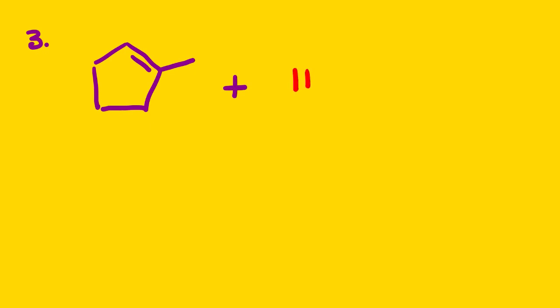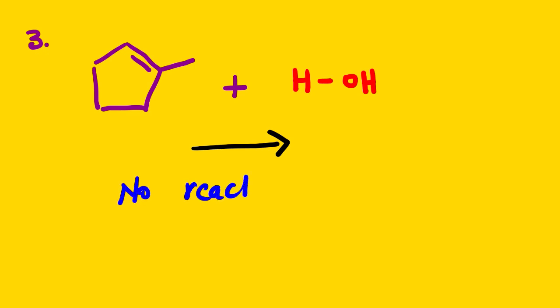So pause the video, work this out, and play the video to verify your answer. What would be the product? In this case, you should know that we are not going to have any reaction. The reason is that we need an acid, and in this case, I did not mention any acid.